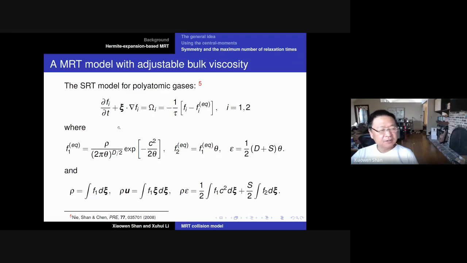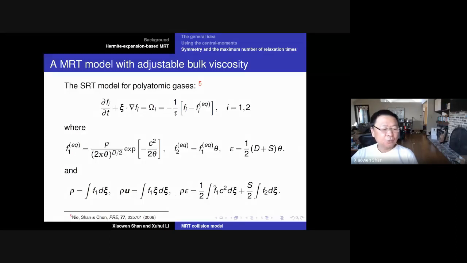Basically, you represent the dynamics with a pair of distribution functions, 1 and 2. 1 is the normal distribution function with the Maxwellian. For 2, you multiply the FEQ by theta. Theta is related to the total kinetic energy, epsilon, and the total kinetic energy is defined by this last expression.